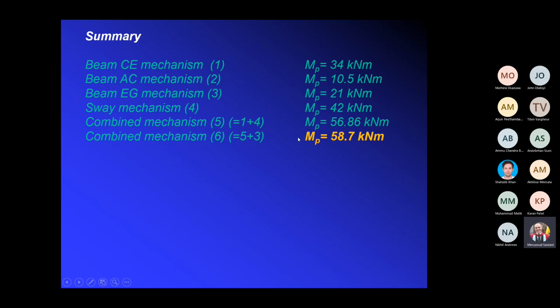That's why it's very important that you consider all the possible combinations that could give you a critical solution. In this case, we got up to the very last mechanism to find it.